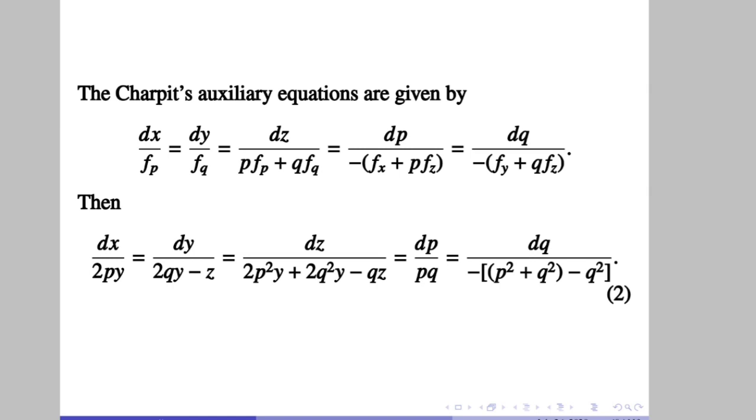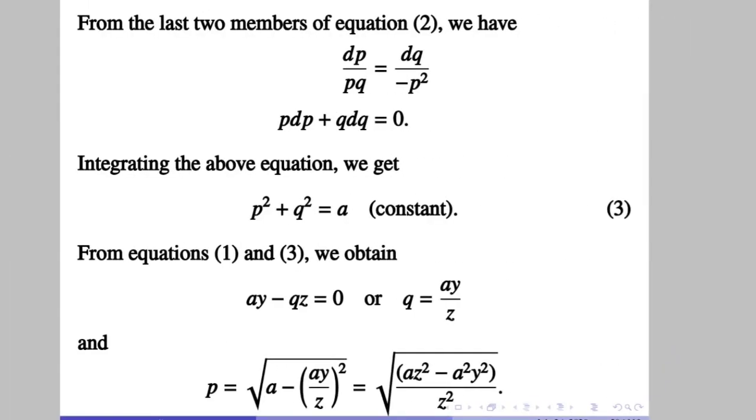And then what we are going to do here is, first we are finding in this Charpit's equation the values of p and q, and we have to substitute in the total differential.